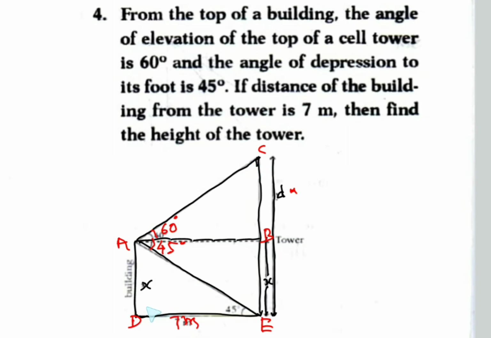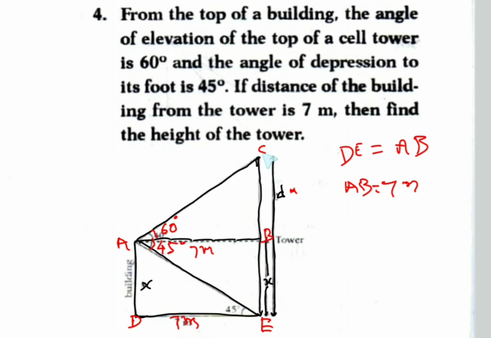From both triangles DE is equal to AB, so AB is also 7 meters.